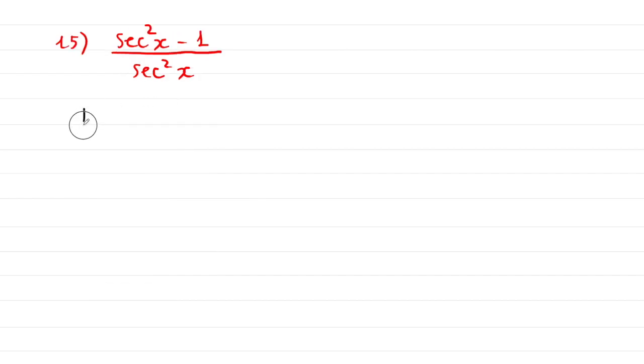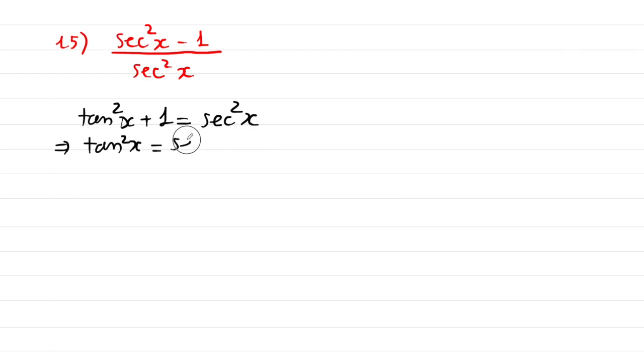You know about the formula of tan: tan square plus 1 equals sec square x. So from this we change position. Tan square x will be equal to sec square x minus 1. So for this question, you can rewrite the numerator as tan square x and divide by sec square x. You can write it in this horizontal form for easier imagining.